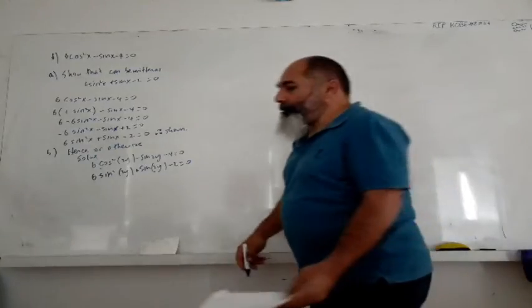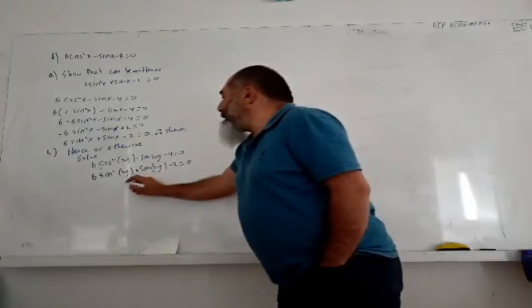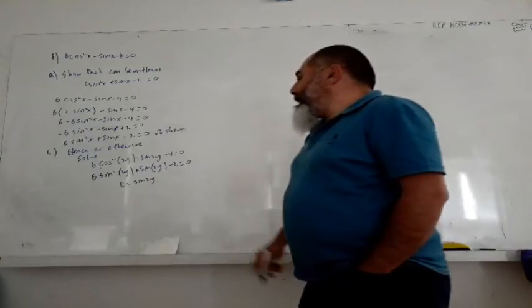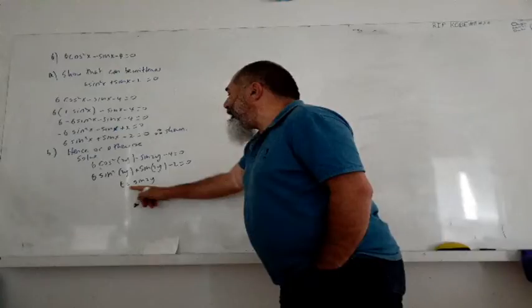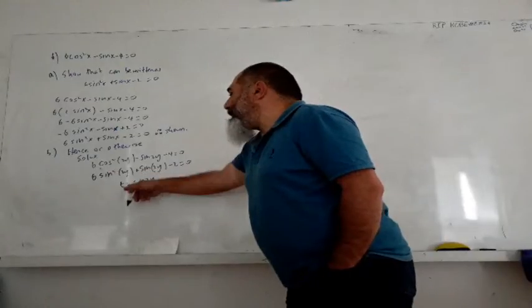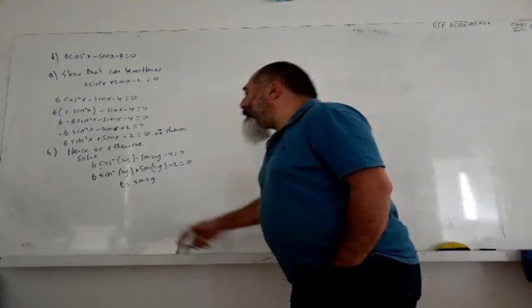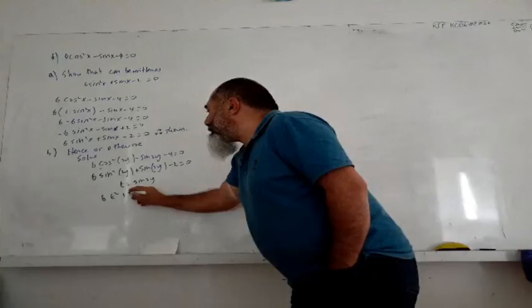Say that t is equal to sine 2y. Substitute t instead of sine 2y, or you can rename sine 2y with any letter you want. 6t squared plus t minus 2 is equal to 0.